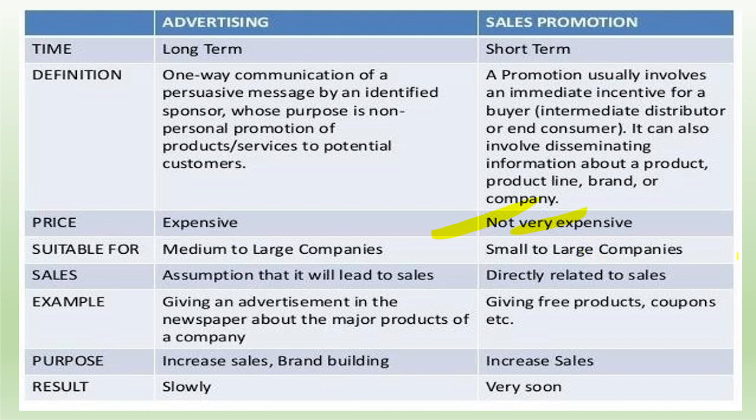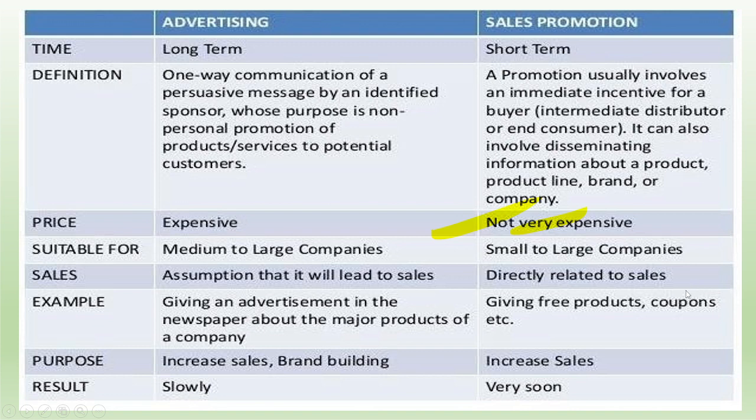Advertising can be indirectly related, but sales promotion is fully dedicated to sales. Examples: giving an advertisement in the newspaper about the major products of the company is advertising, while free products, coupons, etc. are examples of sales promotion.